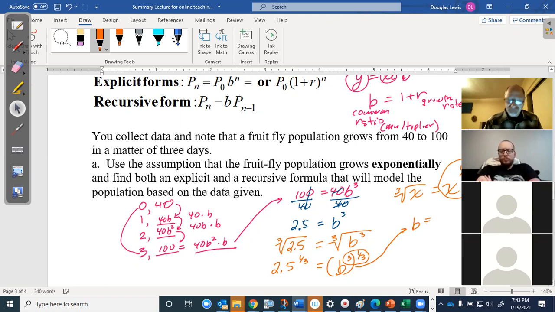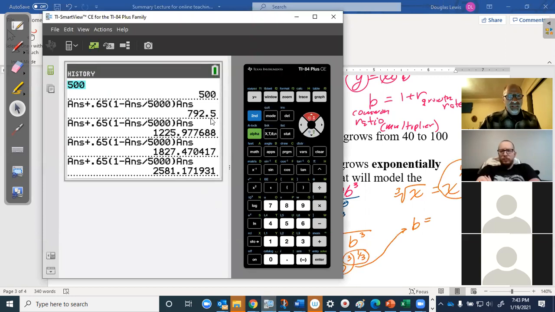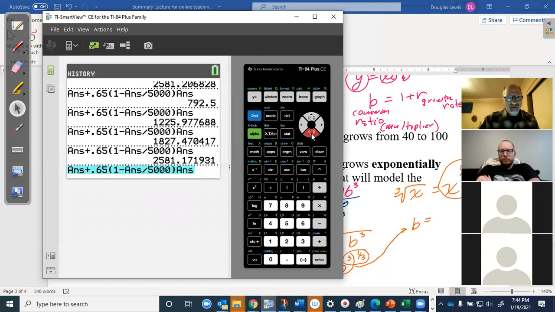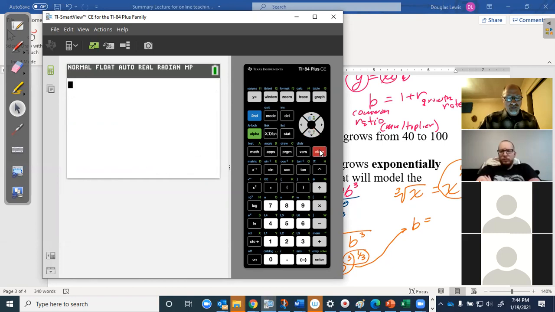And now 2.5 to the 1/3. I'm going to show you, I have a calculator here. I'll show you how you plug that in. So 2.5, and then you hit your power key. Now, my calculator, notice it raised it up.